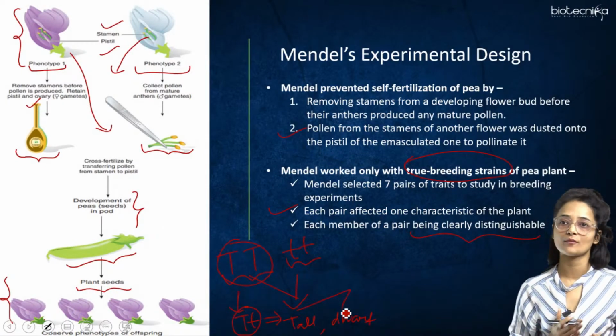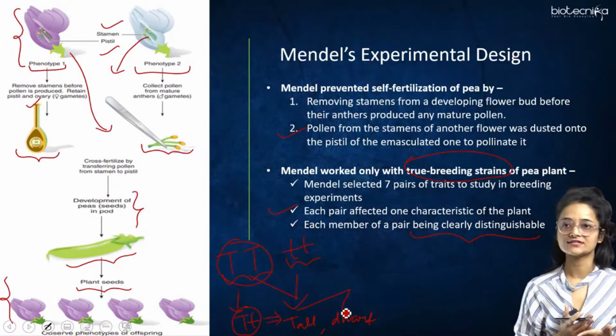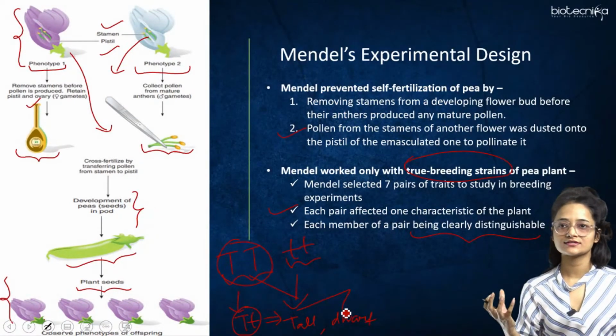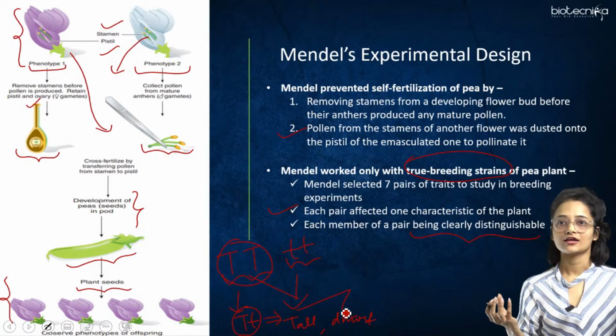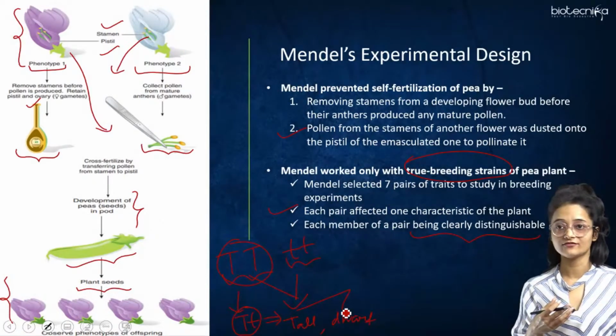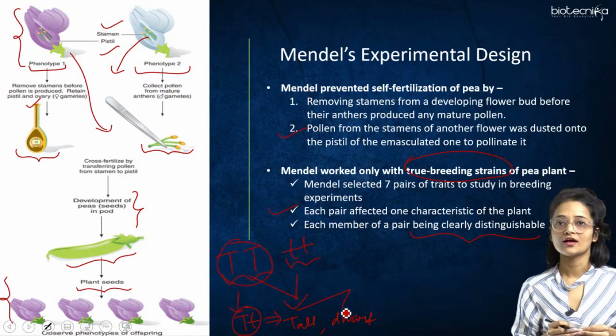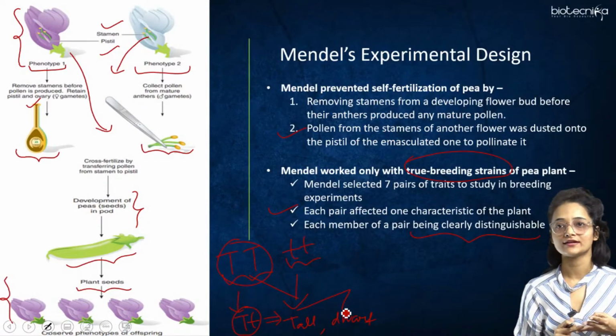In incomplete dominance, what we study is, in the case of Mirabilis jalapa, what happens? There are two homozygous or true breeding strains of two different plants that we take. Like one is producing the red flower and another is producing the white flower. Then when we cross these two, in the F2 progeny we observe three different traits: the flower having the red color, the flower having the pink color, and the flower having the white color.